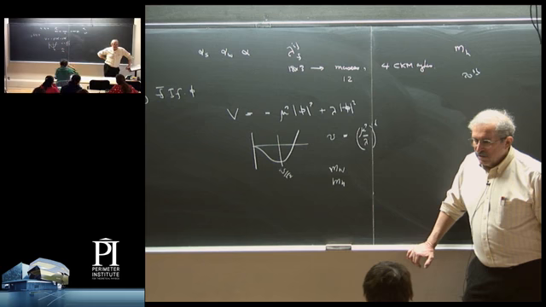And B, if you have a term in the Lagrangian phi squared, which is allowed by all symmetries, then that term can get renormalized. And the renormalization corrections to that term are going to be quadratically divergent. So those are two problems. They're pretty hard problems.